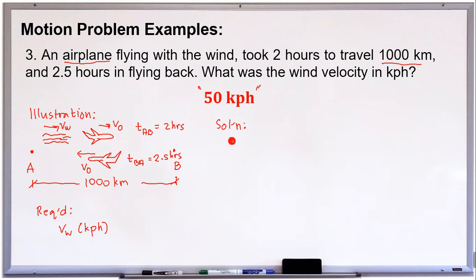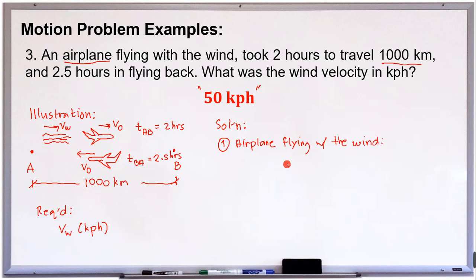We have two cases or two scenarios that happen in our problem. That is the airplane flying with the wind. That is our first case. So, airplane flying with the wind.